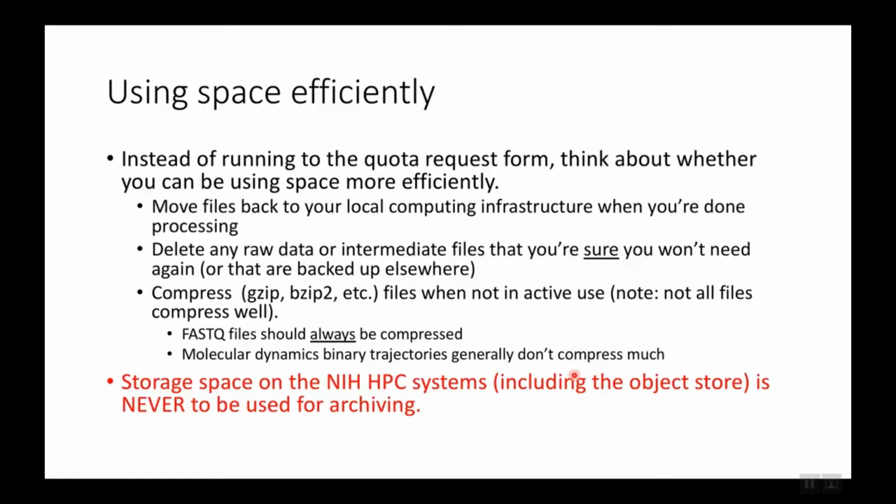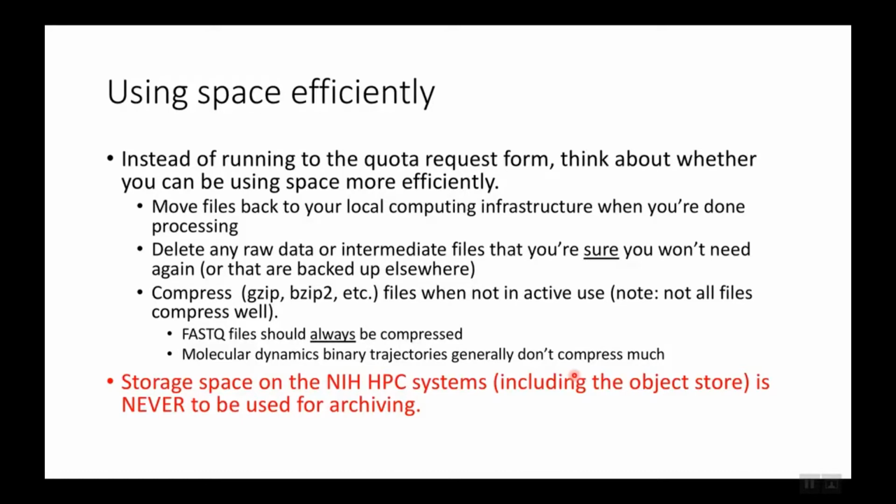Likewise, SAM files should always be converted to BAM files for genomics users, because BAM is a compressed binary form versus SAM, which is an uncompressed plain text form. Not all files will compress well. For example, molecular dynamics binary trajectory files generally do not compress well at all. So you have to know a little bit about the compressibility of your data.